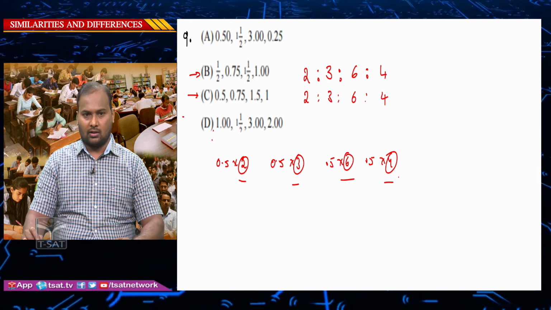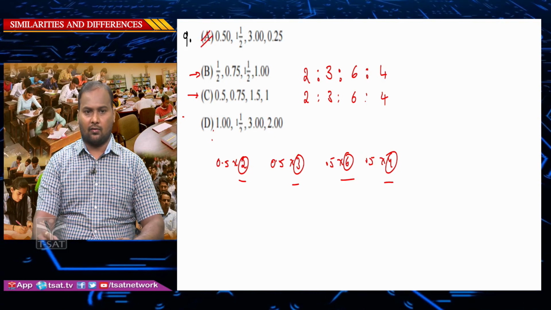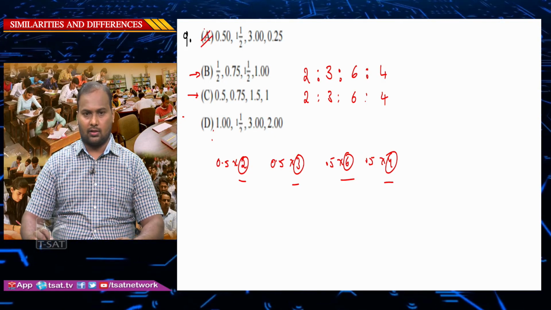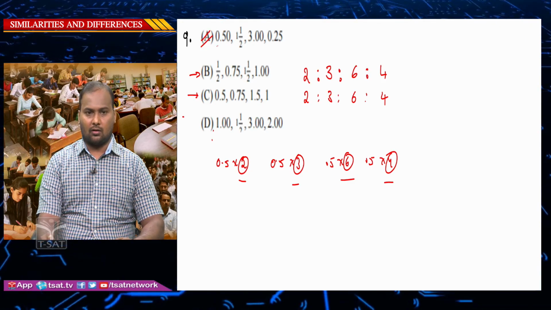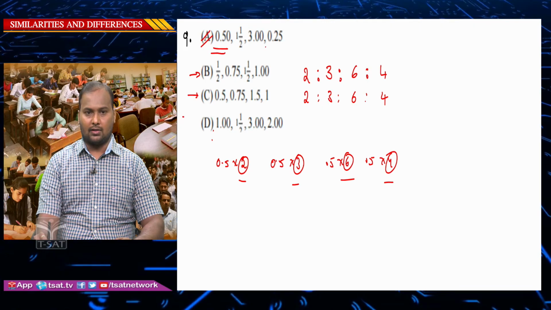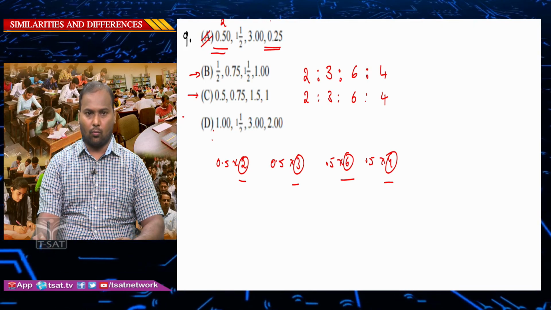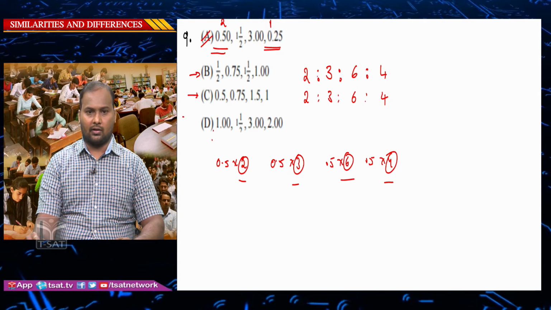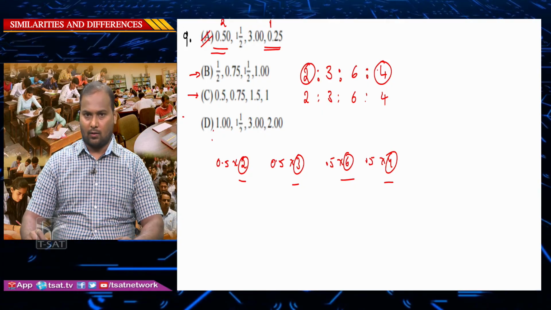That is the ratio that we can observe. But option A is not following this particular pattern of 2, 3, 6, 4. Instead, if you see these two options, 0.5 and 0.25, the ratio is 2 and 1, but here it is 2 and 4. So it is avoiding this particular logic.